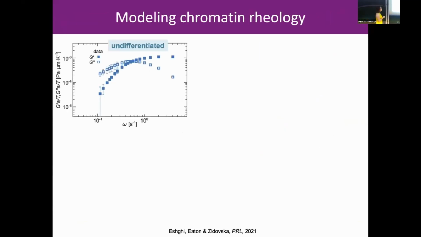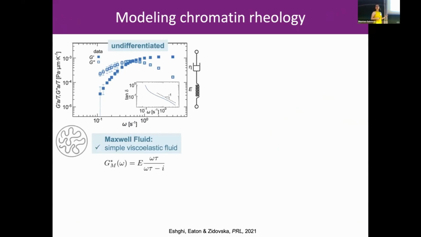When you look at the G prime and G double prime of undifferentiated cells, you will see that the loss tangent behaves as omega to the minus 1 with frequency, which is a signature of a Maxwell fluid. Indeed, if we fit this model to our data, we get a perfect fit. So this is really impressive: the undifferentiated genome in stem cells indeed behaves as a Maxwell fluid with a single relaxation time.